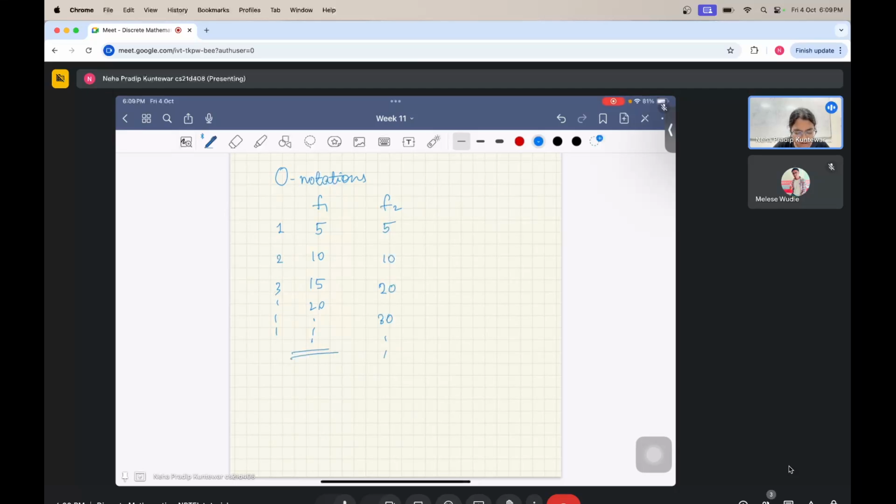So this function is nothing but 5 times n, and this function is 2 times f of n minus 1. Essentially this is 5 times 2 to the 0, this is 5 times 2 to the 1, this is 5 times 2 squared, and so on. So this is 5 times 2 to the n minus 1.